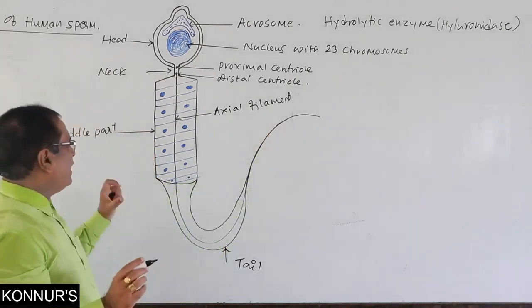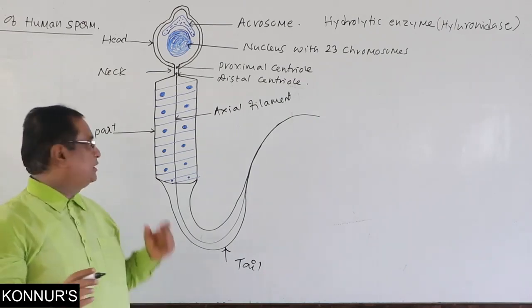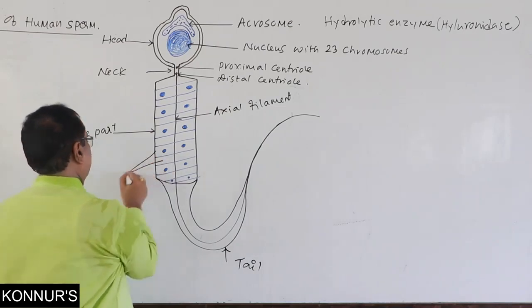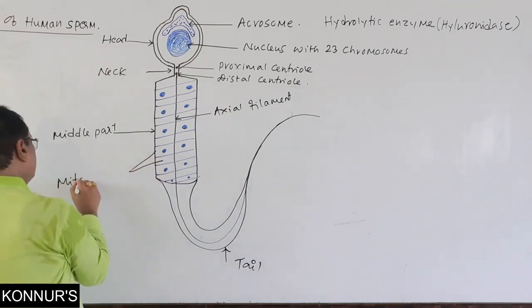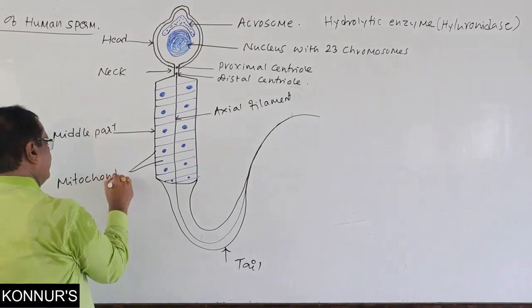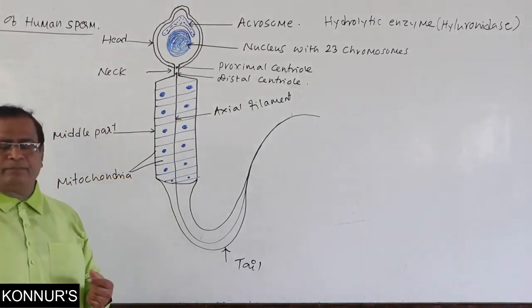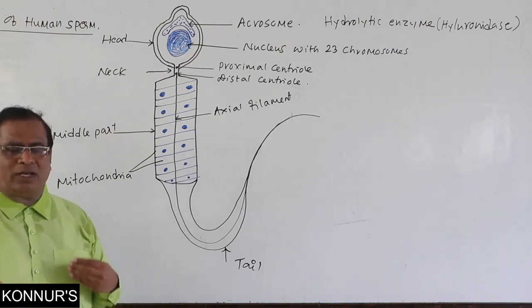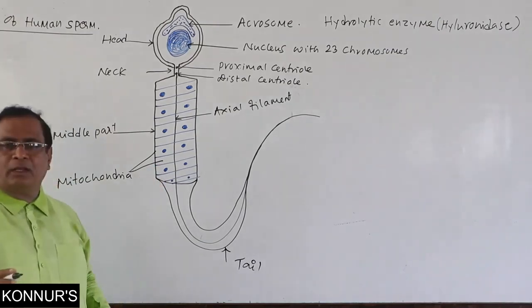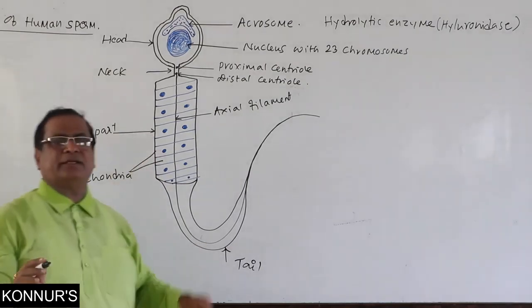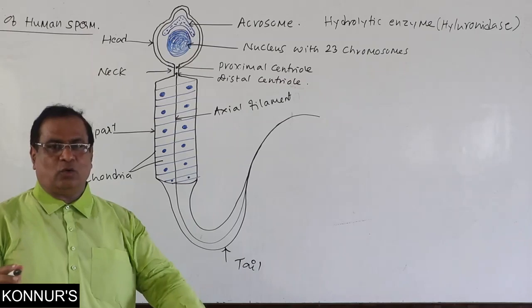And the middle part is totally packed with mitochondria. They are the powerhouses of the cell. They are meant for releasing the energy, and this energy is used by the tail for its vibration.